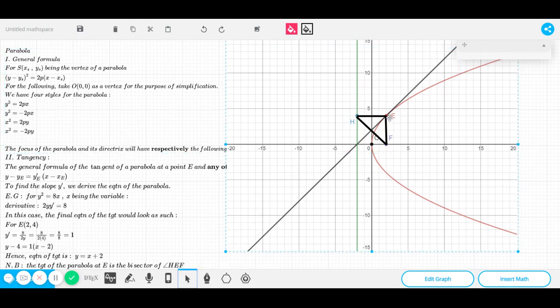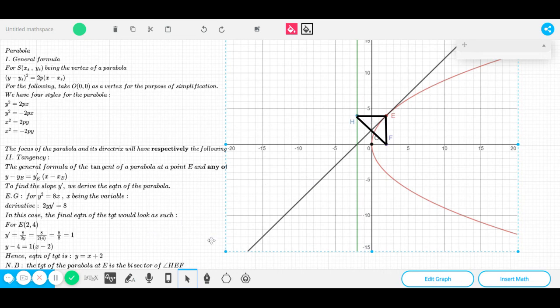In this case, we can see that EF is equal to EH, which means that triangle HEF is an isosceles triangle of vertex E. Now, the tangent of the parabola at a point E is also the bisector of the angle HEF, since HEF is an isosceles triangle, considering that the length of EF is equal to the distance from E to H, which means it's equal to EH.